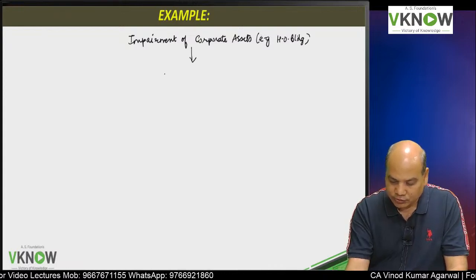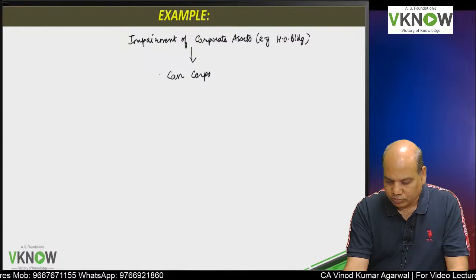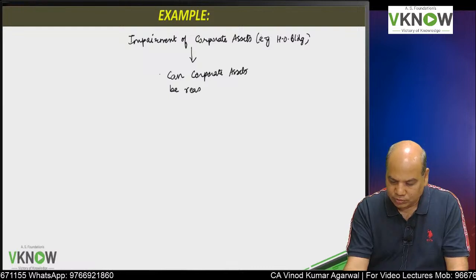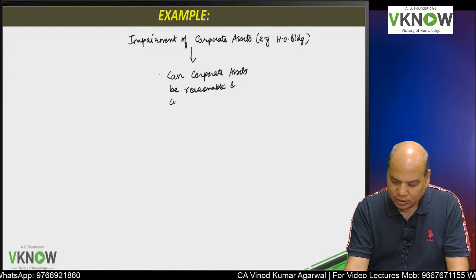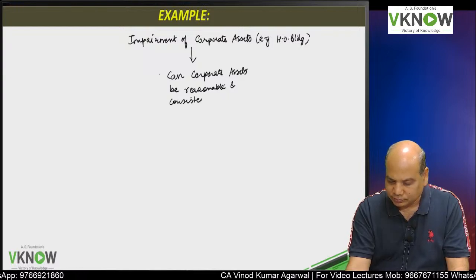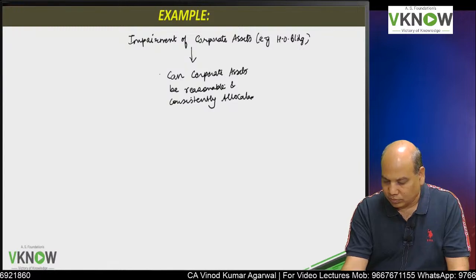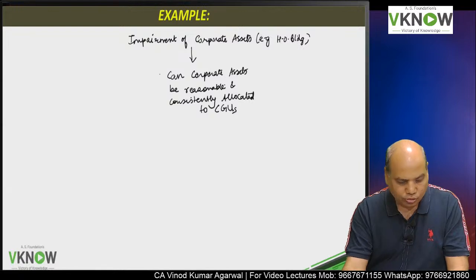So the question is, can corporate assets be, please note down, reasonably and consistently allocated to CGUs?